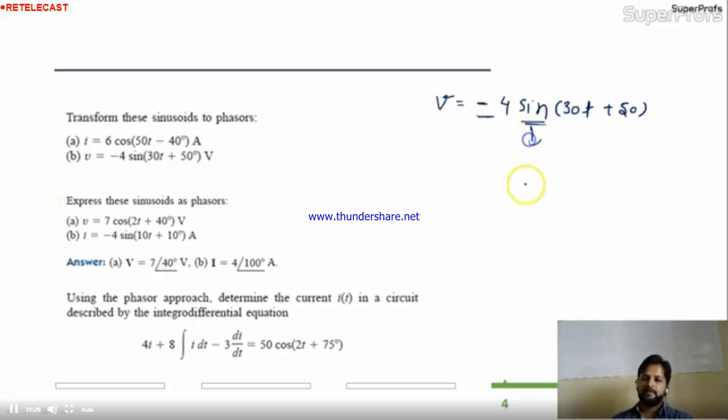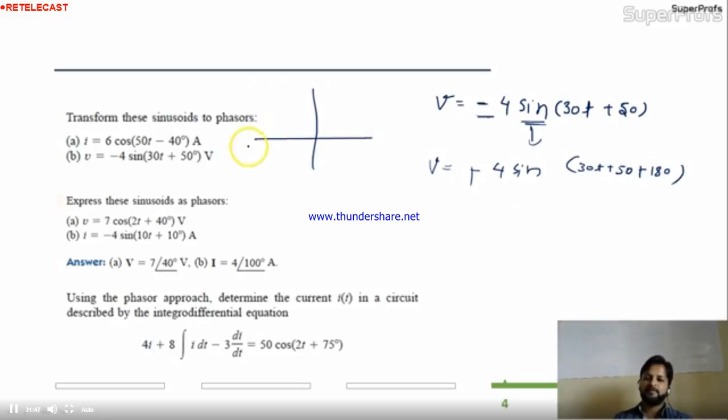So remove the minus sign: 4 sin(30t plus 50 plus 180 degrees). Plus 180 degrees means the third quadrant, and sine of 180 plus 5 is nothing but minus sine 5.